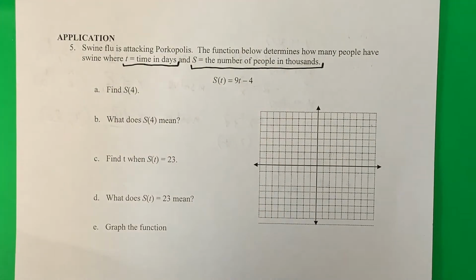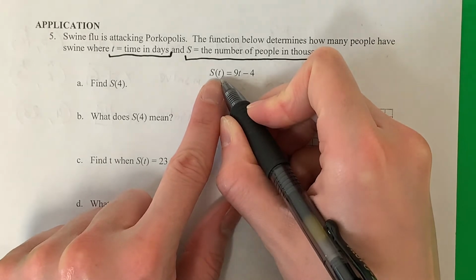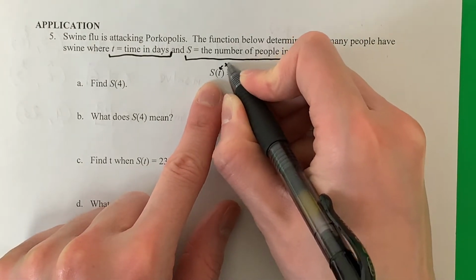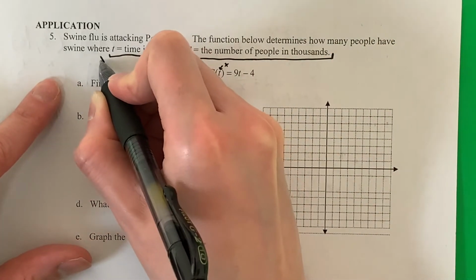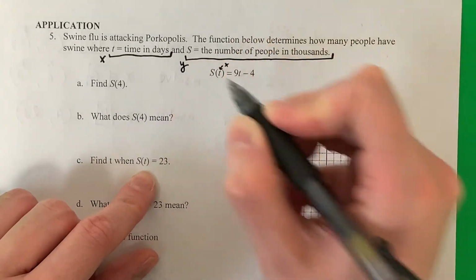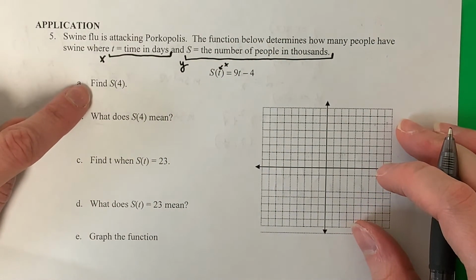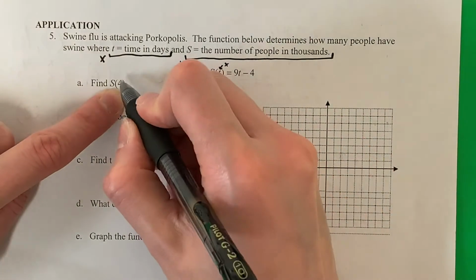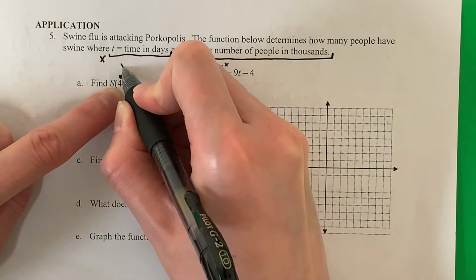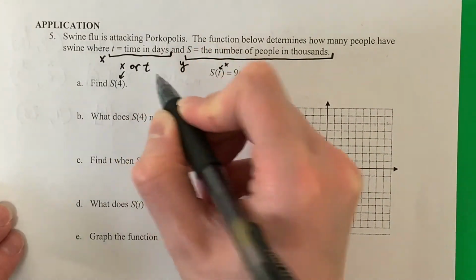So if you take a look here, the t is inside the parentheses. So remember, inside the parentheses is x. So this t is x. So I'm going to put here x next to the t. And so the s has to be y. Okay? So the first question, find s of 4. 4 is inside the parentheses. That means it is x, or in other words, it is t.